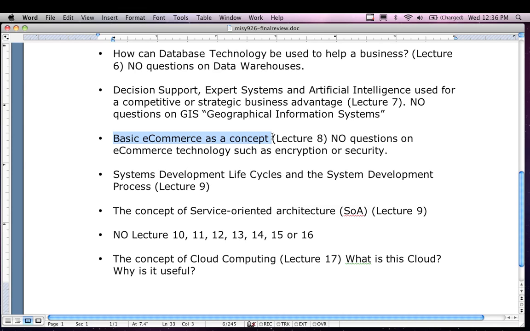One question on the system development lifecycle and the systems process, and I'll give you a hint on that question. What do you need to know about system development life cycles? Do you need to know anything at all? Good question. Nope, here it is.